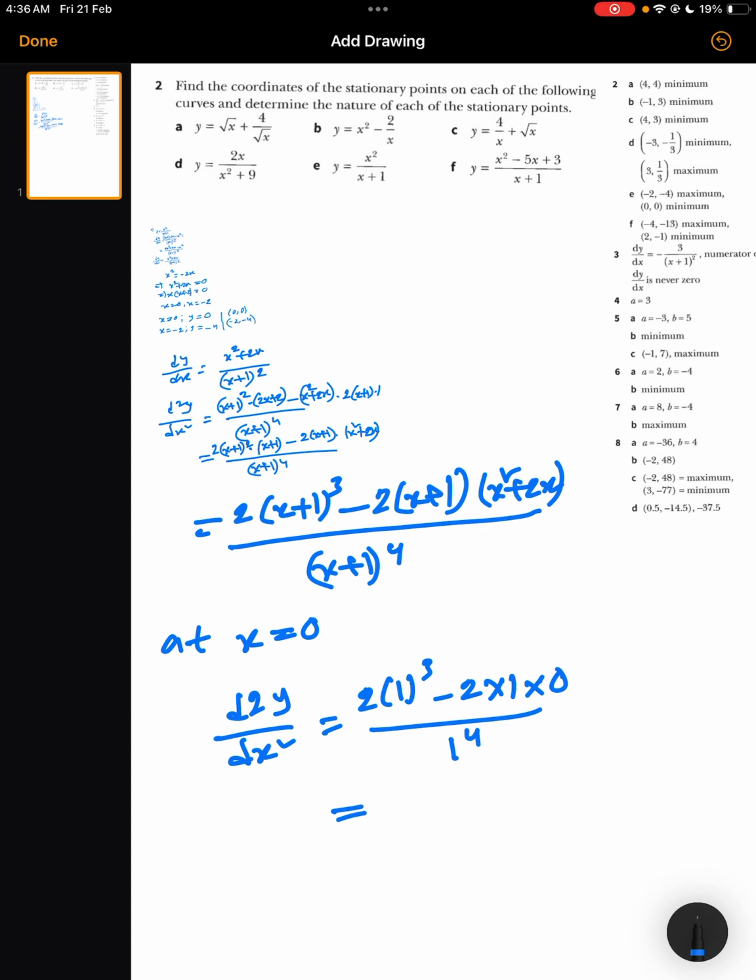That means 2, which is greater than 0. So it's a minimum point. So (0, 0) is minimum. Yeah, it matched. Minimum.